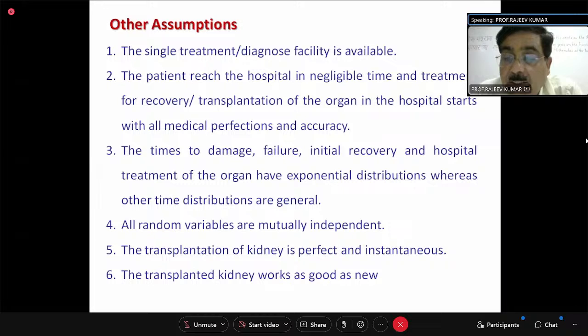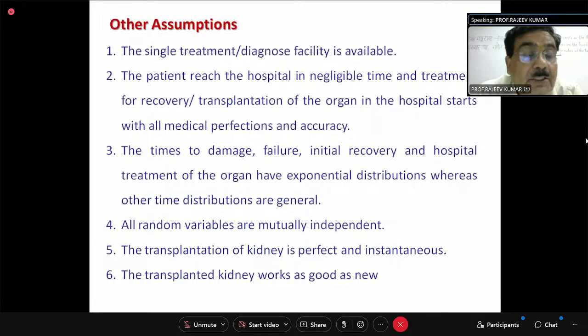Because of the damage of this machine, the failure that is occurring here, initial recovery and hospital treatment of the organ, all these things, the data as such was not available for that dialysis machine.